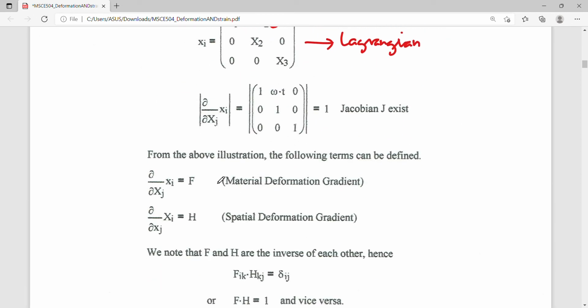So from the above illustration, we now create some simpler expressions in terms of the material deformation gradient and the spatial deformation gradient, or simply the Lagrangian deformation gradient and the Eulerian deformation gradient.